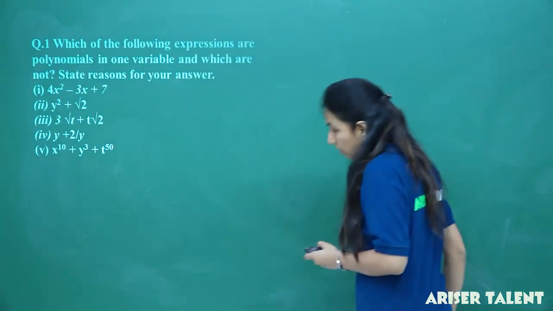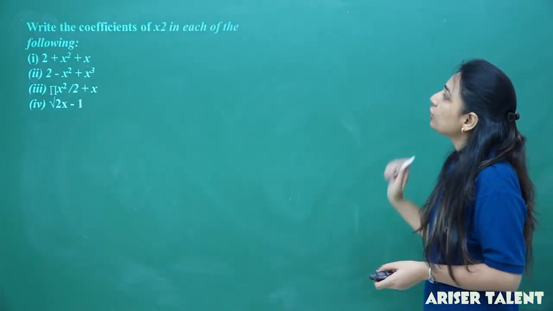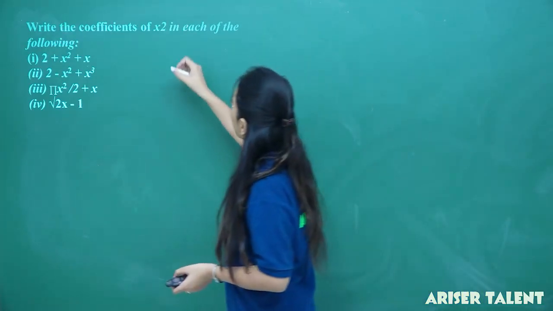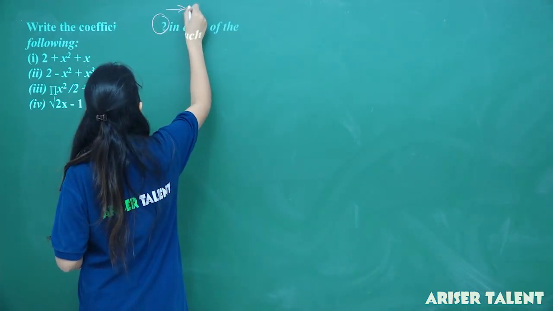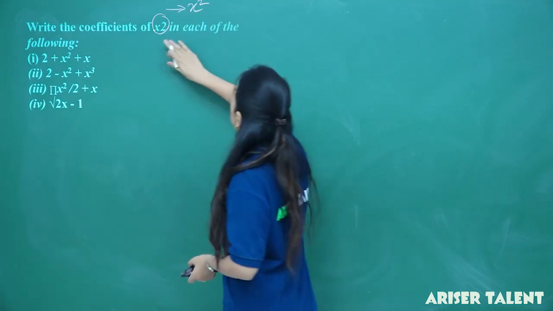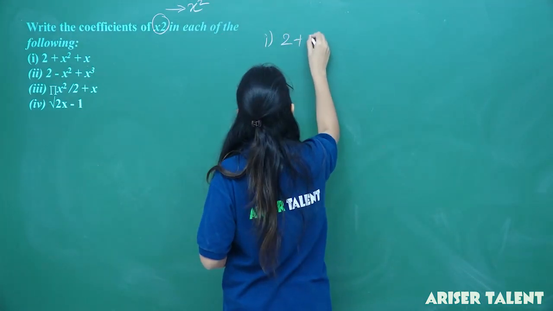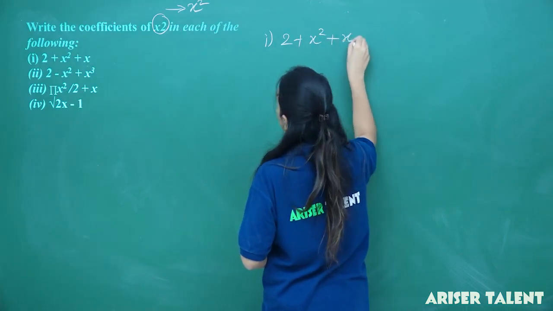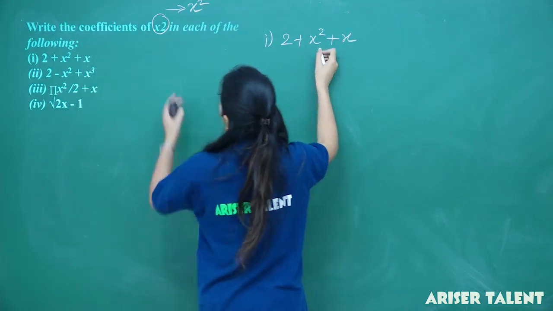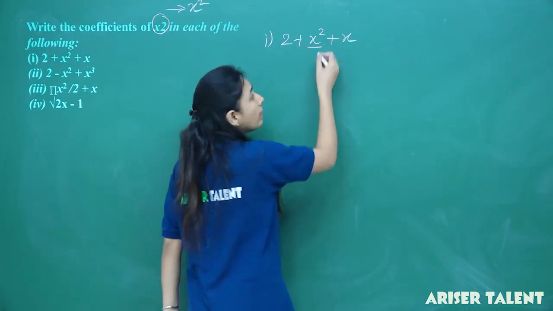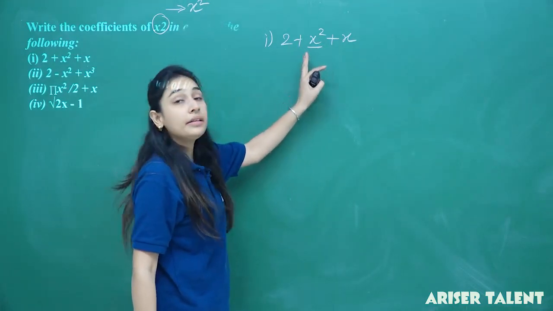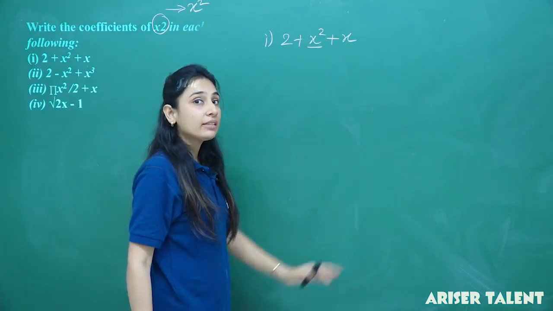Okay, students, moving forward, write the coefficient of x square in each of the following. Now, do it fast. X plus x square plus x. In this, what is the coefficient of x square? Clearly, we can write it in the form 1 multiplied by x square.